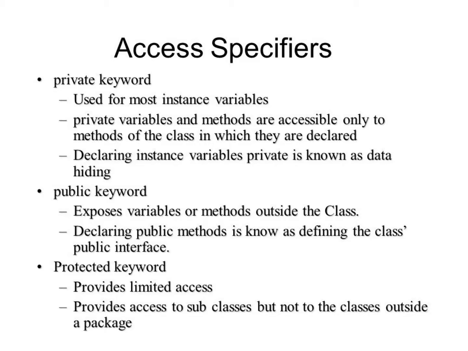Next is the protected keyword. This access specifier lies between the private and the public. Private is the most restrictive, public is the least restrictive, and the protected keyword is used when we need to make use of inheritance.